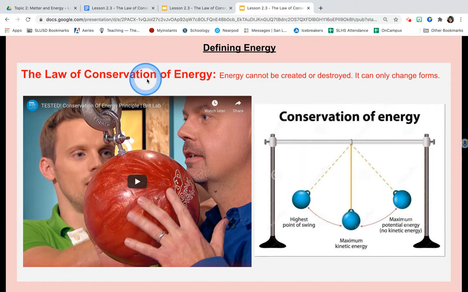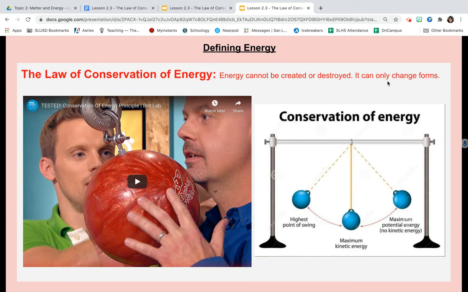The law of conservation of energy, it's a long name, but basically it says that energy cannot be created or destroyed. It can only change forms. So whatever energy you start with is the only amount of energy that you have. You can't create more energy. If you have 10 energy thingies, you can only get 10 energy things out of it.